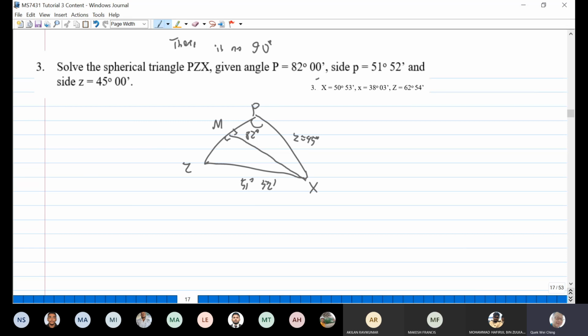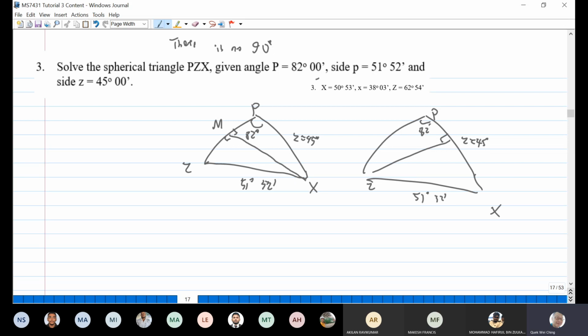If you split a triangle another way, with X, Z, P, this is 82, this is 51 degrees, and this is 45, then you have a problem.